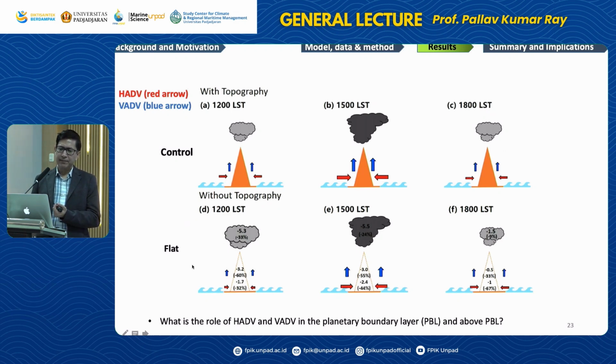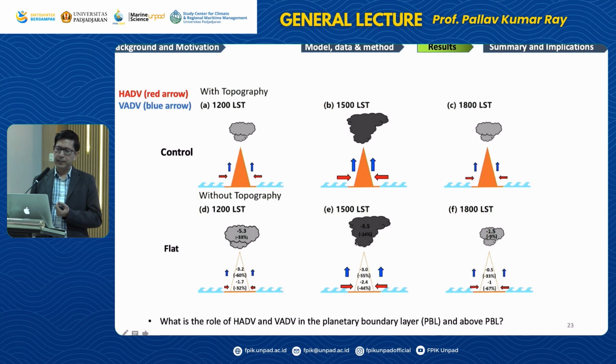Now, what is happening in the flat experiment is that there is no topography, so those are no longer solid here, and there is a reduction in horizontal and vertical advection that causes a significant decline in precipitation compared to the control simulation.